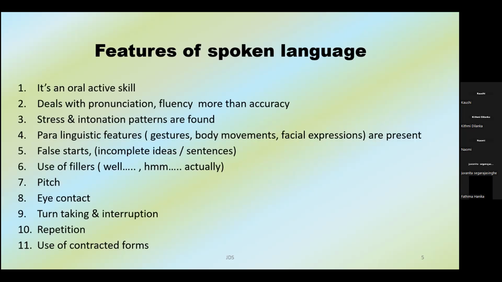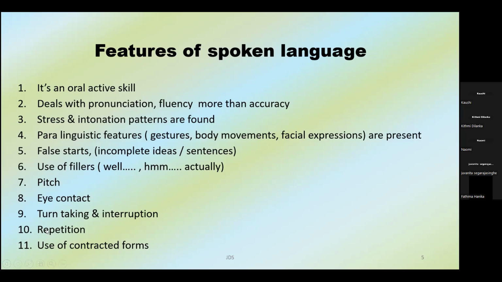Likewise, look at the features. Now you all have mentioned certain features. Eye contact. Spoken language involves eye contact. We look eye to eye and speak mostly. You don't have that in written form. Turn taking, you told.